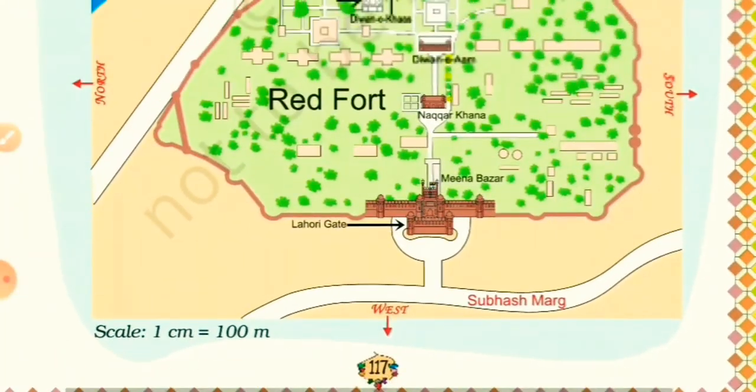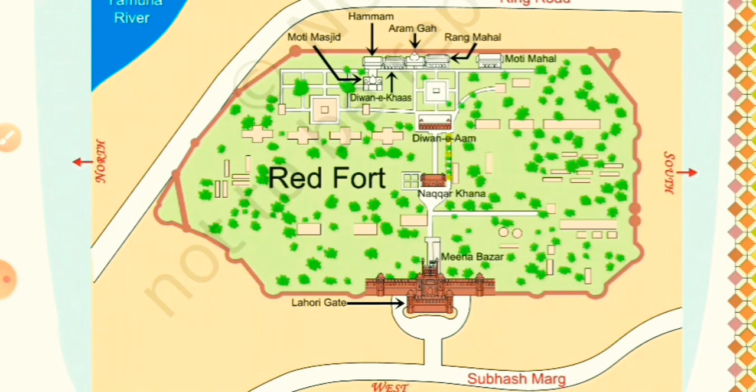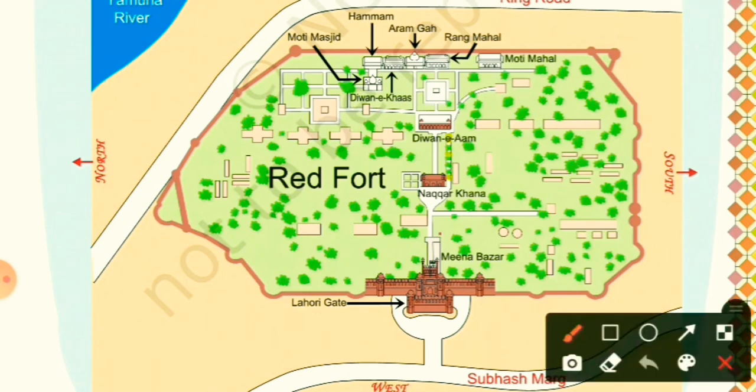So first question was farthest from Meena Bazar. Here we can see Meena Bazar, and these are the farthest buildings. The most farthest we can write here, that is Hammam. This is the farthest, you can see.